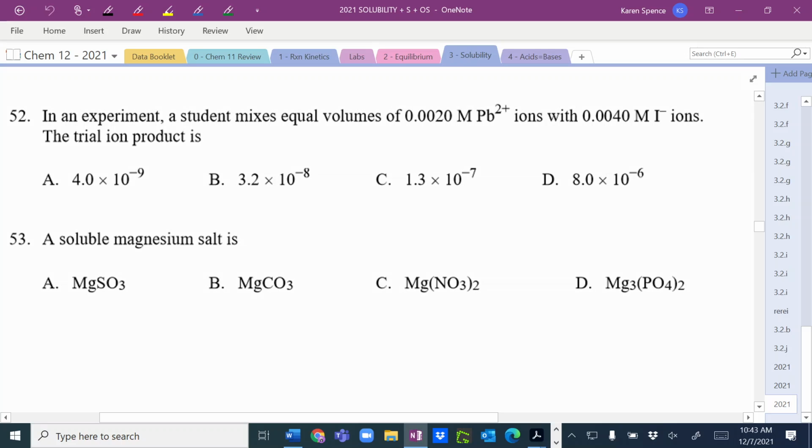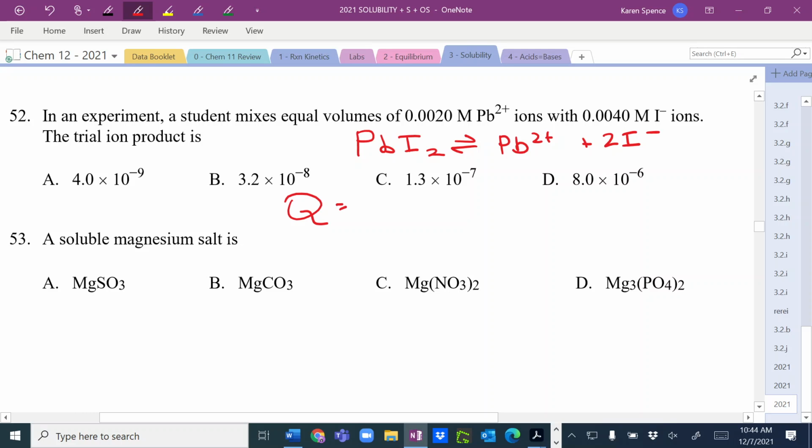Number 52. In an experiment, a student mixes 0.2 molar lead with 0.4 molar iodide. So Q, because it's PbI2, will dissociate into Pb2+ and 2I-.